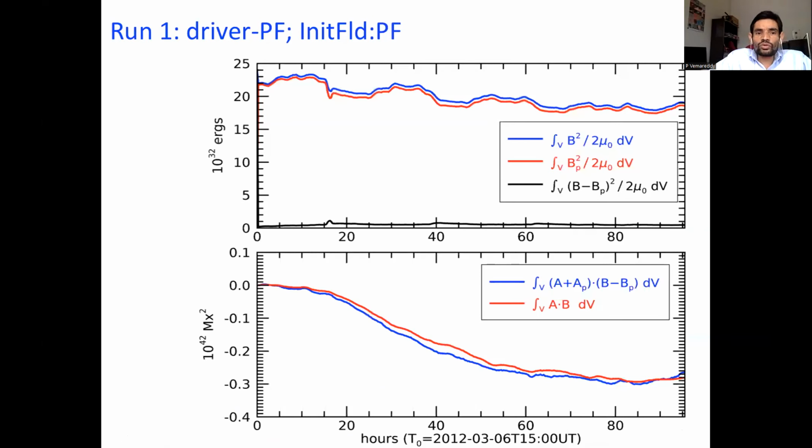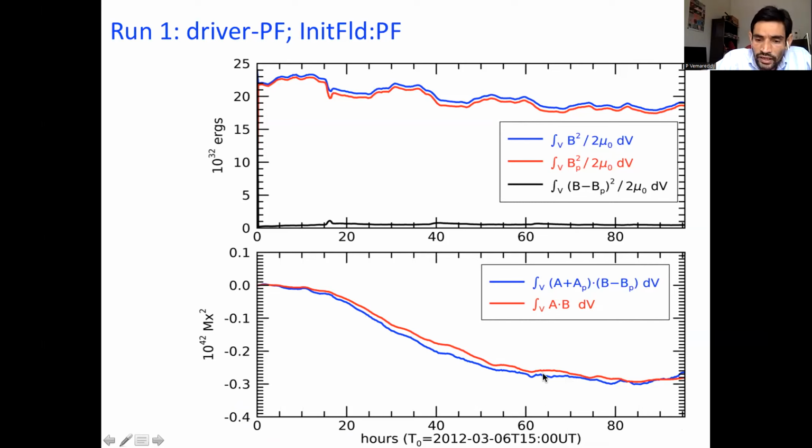Coming to some metrics, in this case the AB int, that is A dot B. While you keep changing the boundary, the coronal magnetic field accumulates the helicity, so the A dot B increases in negative values.